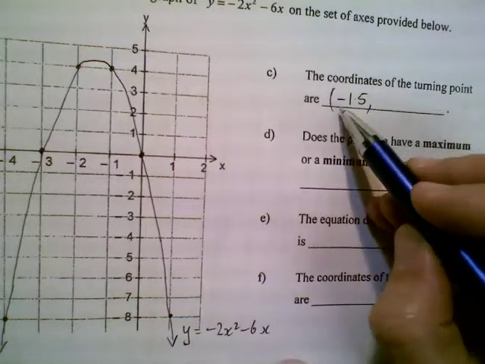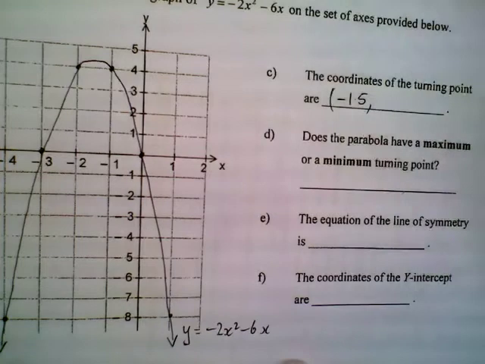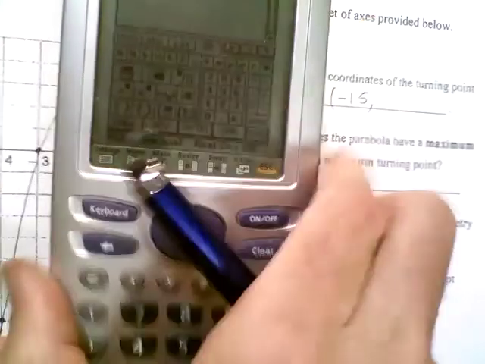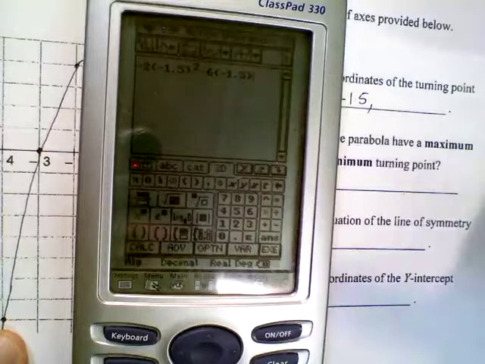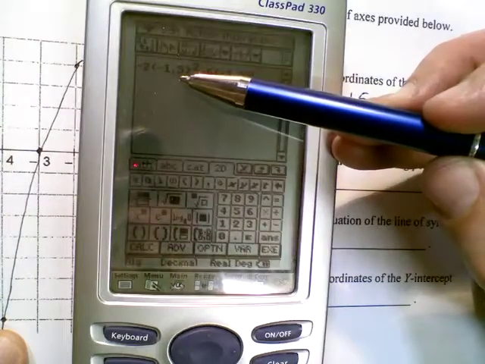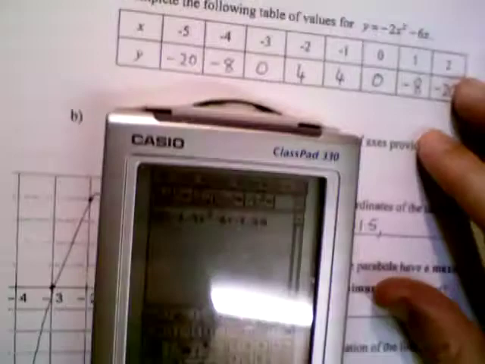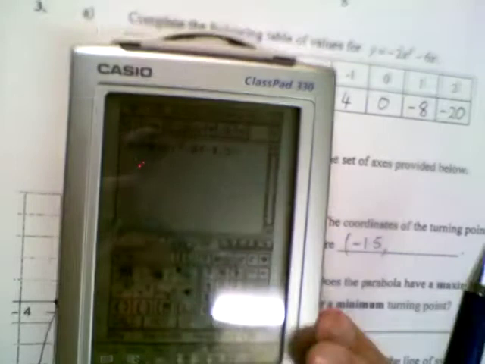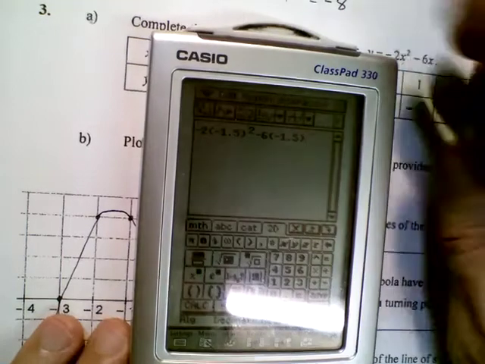And what we can do is just substitute that x value of -1.5 into our equation here. Now, because I've got a decimal, I might do that on my calculator. And here it is here. Now you notice when I've input that into my calculator, I've put the -1.5 in brackets where the x should be in our equation.